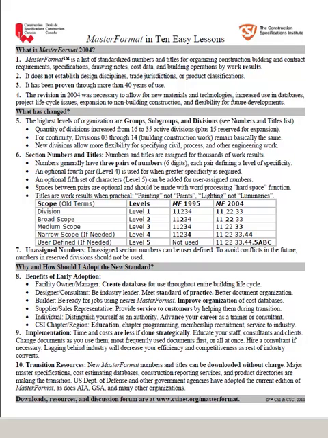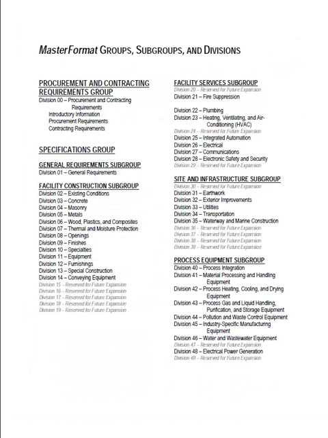When we look at a book of specifications for a project, that specification set includes what we call front-end documents. And I'll flip through these. Here are our master format groups, subgroups, and divisions. So to start out with, we have Division 00, which is Procurement and Contracting Requirements, Introductory Information, Procurement Requirements, and Contracting Requirements.